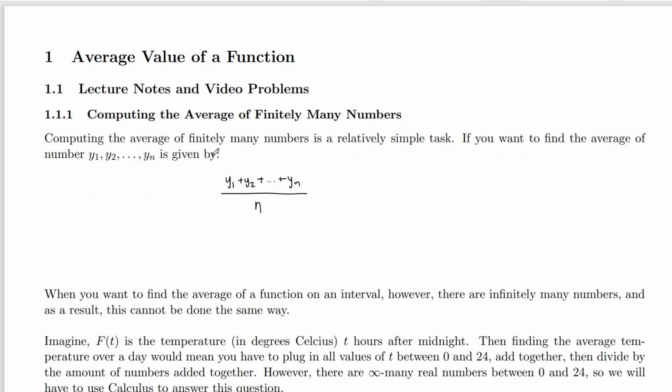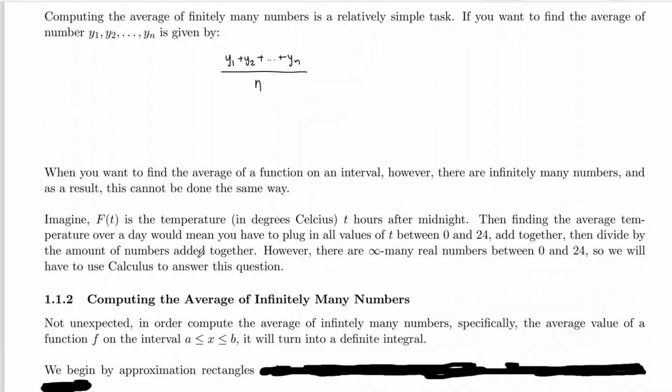Well, computing the average of finitely many numbers is a relatively simple task. You add them up, you divide by the amount of numbers you have, and then that's it. Well, when you want to figure out, let's say, like I was describing, the average temperature over the course of a day, you have to do quite a bit more because you're actually adding up infinitely many numbers, like I said.